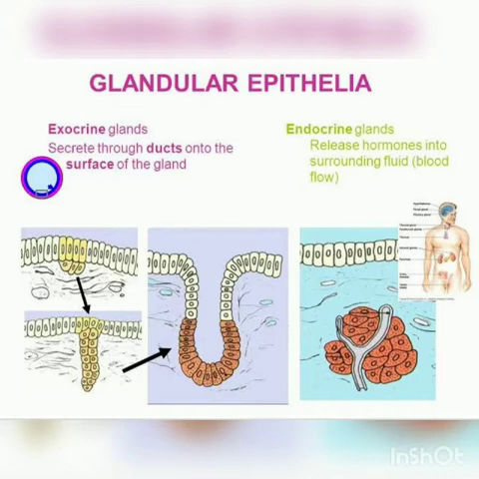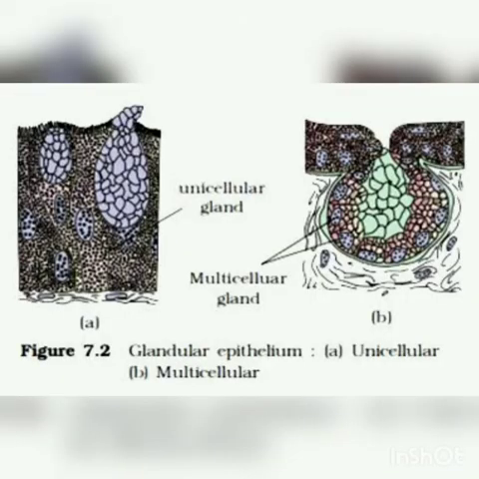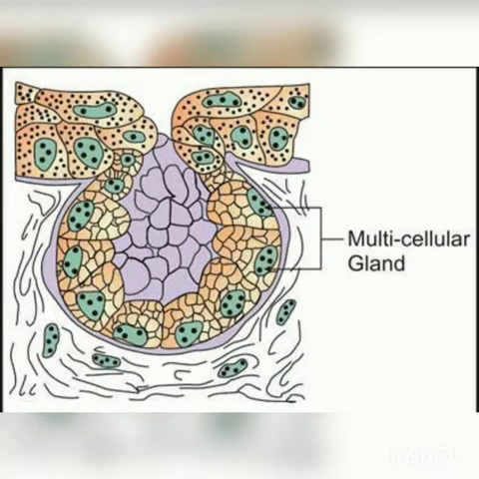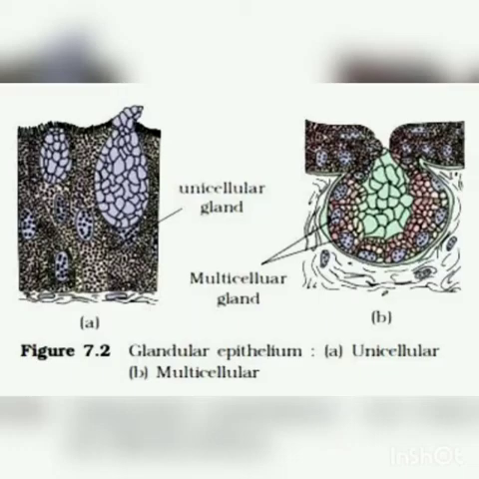They are mainly two types: unicellular, consisting of isolated glandular cells that is found in the goblet cells of alimentary canal, and the other type is the multicellular, consisting of a cluster of cells that is present in the salivary gland. So there are two glandular types, unicellular and multicellular. Unicellular is found in the alimentary canal, whereas the multicellular is found in the salivary gland.